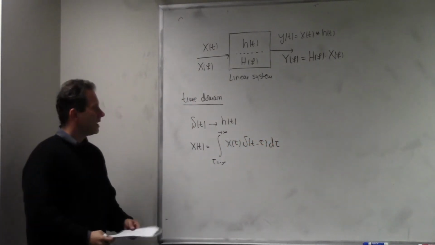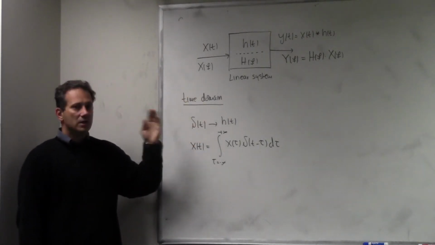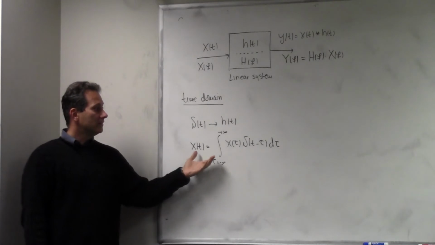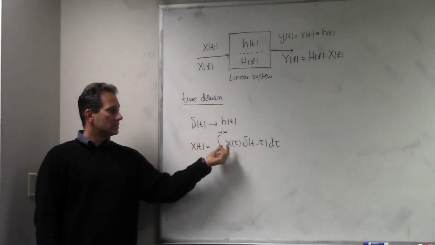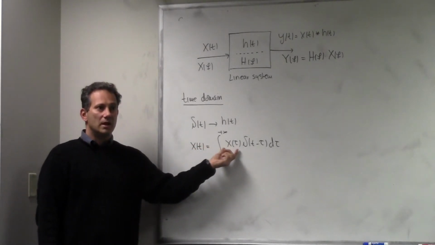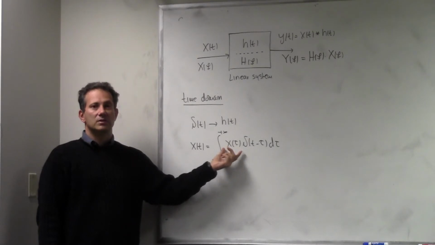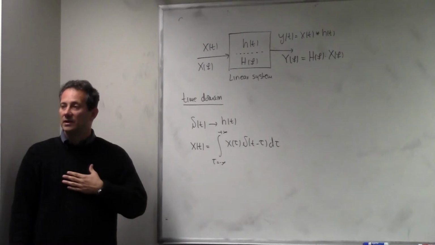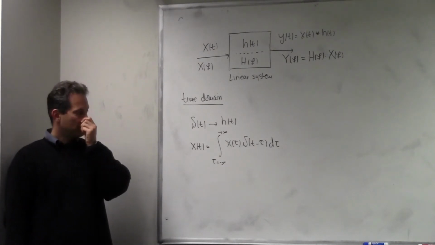In other words, I can see the input as a whole bunch of pulses coming one after the other, or alternatively, I can see the input as a convolution between x of t and delta pulses. When you convolve the signal with a delta pulse, you get the signal back.